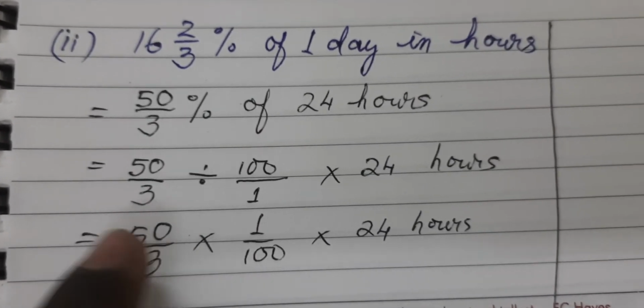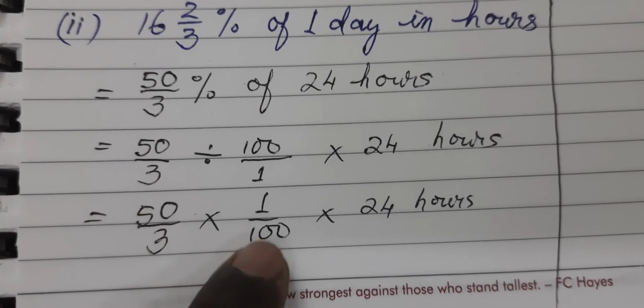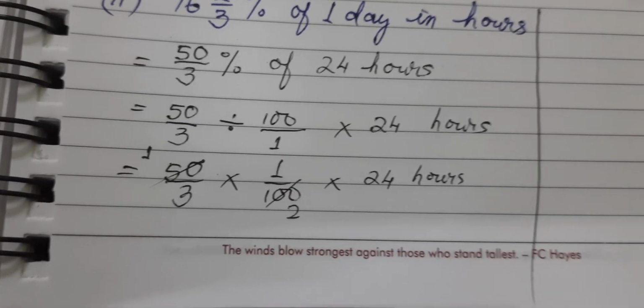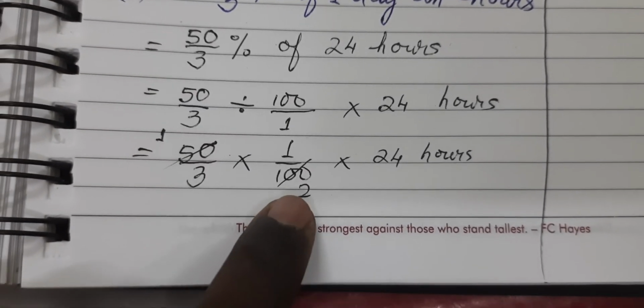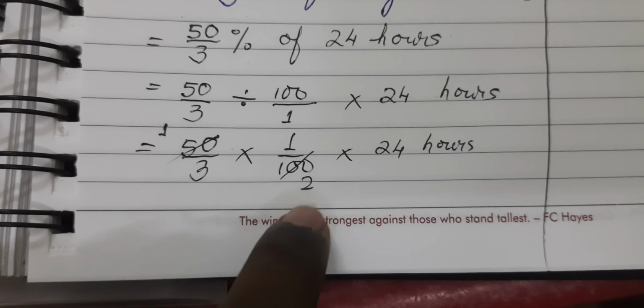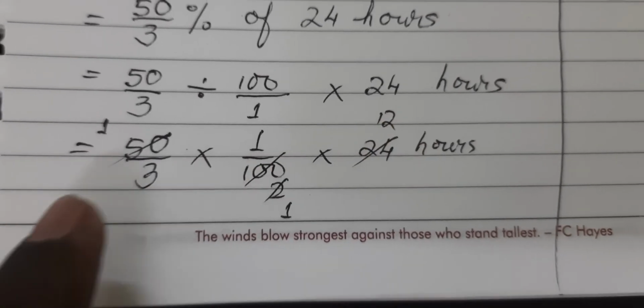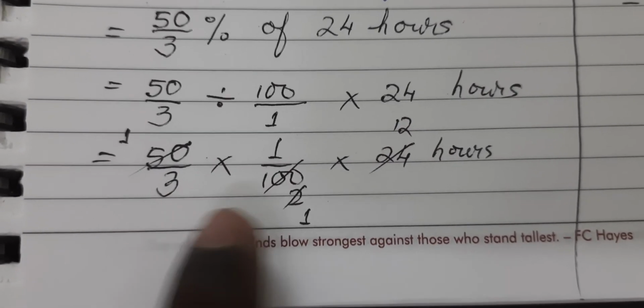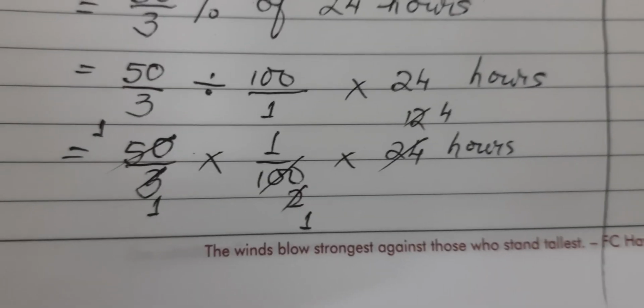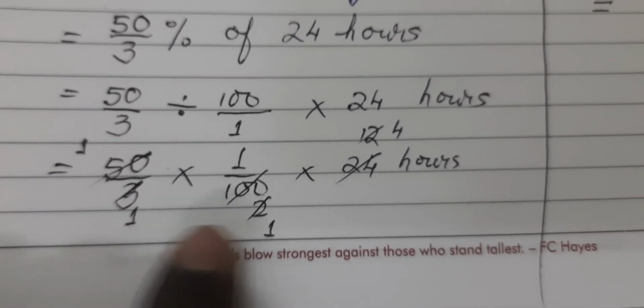Now let's do the cancelling part. 50 1s is 50, 50 2s is 100. And this 2 and 24 also can cancel. 2 1s are 2, 2 12s are 24. Also this 12 and this 3 will cancel. 3 1s is 3, 3 4s are 12.